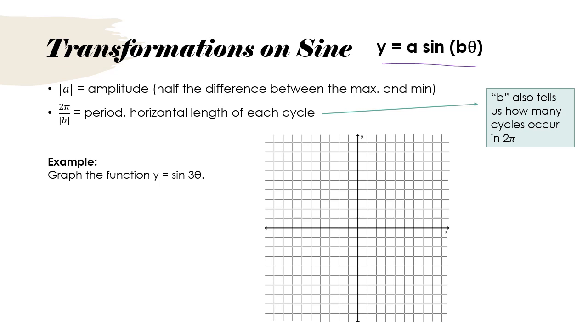So A is going to represent the amplitude of our graph. And let me just talk about what our amplitude is. Again, we'll just sketch roughly our sine curve, one cycle of it. So our amplitude will be half the difference between our minimum value and our maximum value, which often is going to correspond directly to the height of one of these curves.